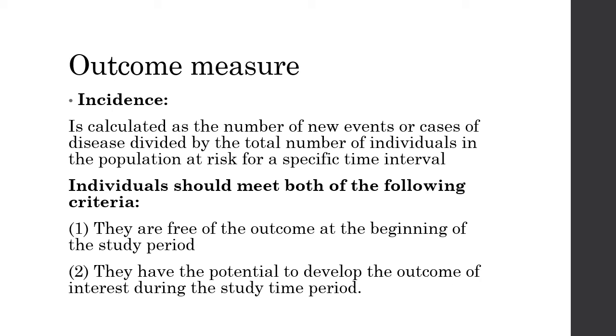But in a cohort study, because you are following up people in time and waiting for the outcome to occur, these outcomes or diseases are not prevalent. There are not people living with them over the period of the study. They are instead newly getting diagnosed with it or developing it over the period of time.